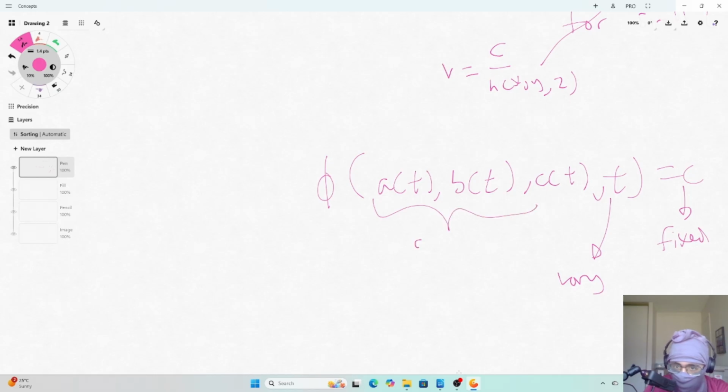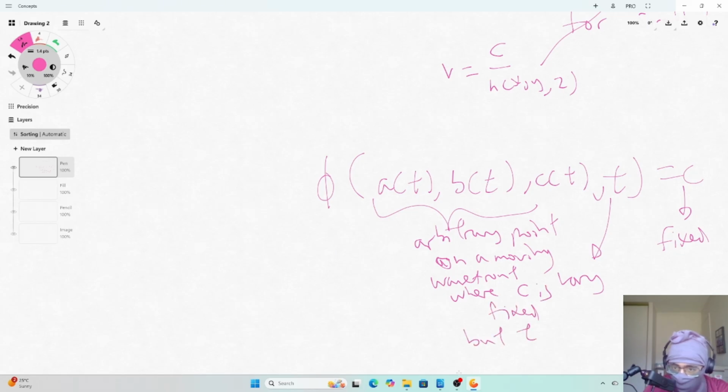Suppose that this is an arbitrary point on a moving wavefront, where C is fixed but t varies.